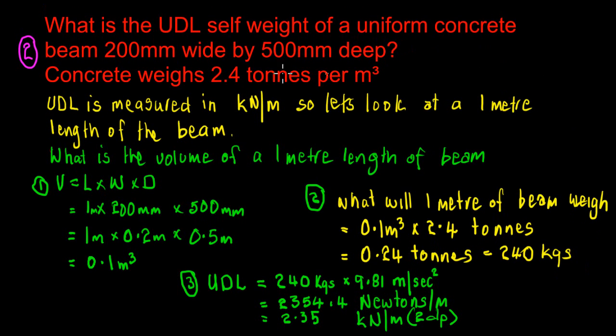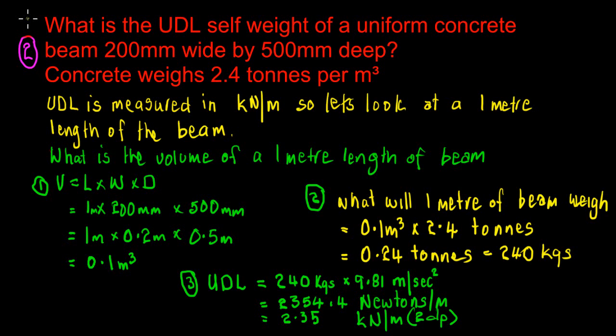And so the question that we're going to be using is, what is the UDL self weight of a uniform concrete beam 200 millimeters wide by 500 millimeters deep? We know that concrete weighs 2.4 tons per cubic meter.